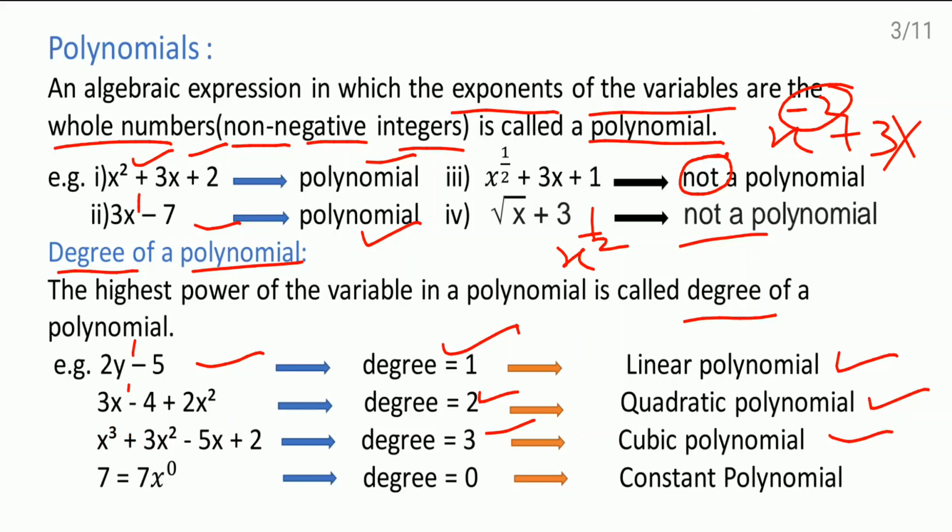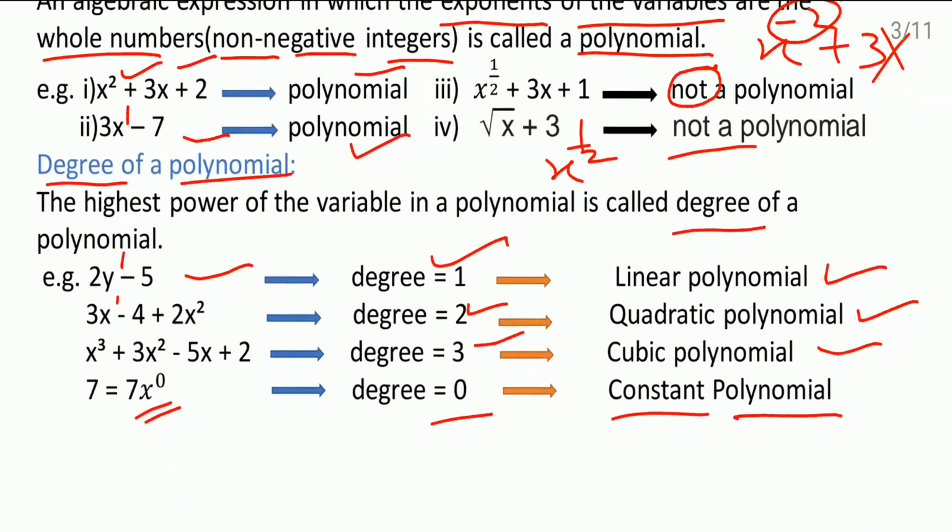Look at the last one here: 7. It is just a constant number, but we can write it in this format: 7 into x raised to 0, because x raised to 0 is 1. Now the power of x is 0, and no other x has a power more than 0. So the degree of this polynomial is 0, and this polynomial is called a constant polynomial.